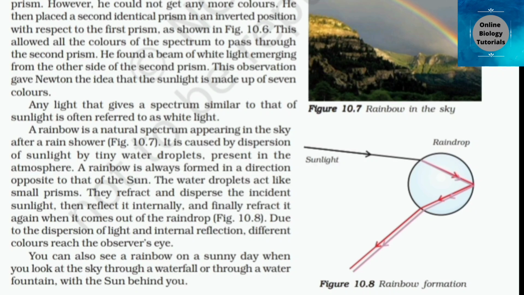They refract and disperse the incident sunlight, then reflect it internally, and finally refract it again when it comes out of the raindrop. Figure 10.8. Due to the dispersion of light and internal reflection, different colors reach the observer's eye. You can also see a rainbow on a sunny day when you look at the sky through a waterfall or through a water fountain, with the sun behind you.